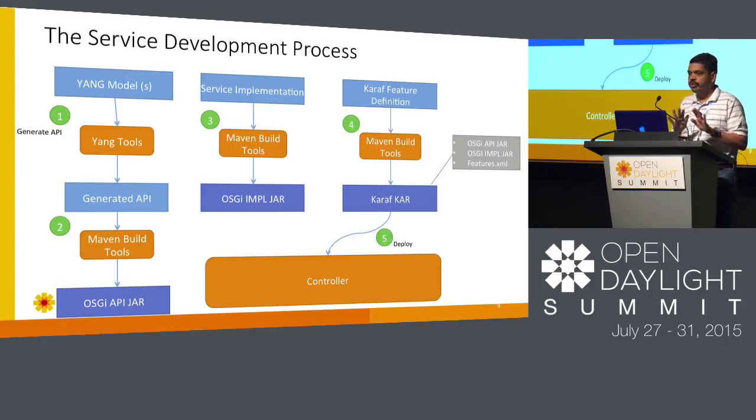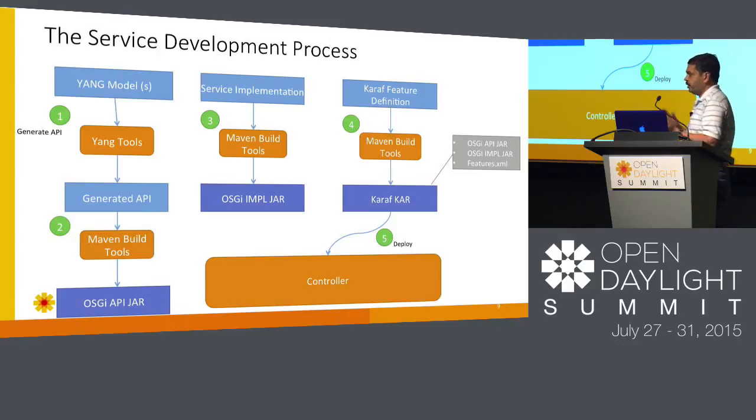In terms of good development practice, typically an application would be divided into the API interface and the implementation. Correspondingly, we package it such that the API is one bundle and the implementation is another.